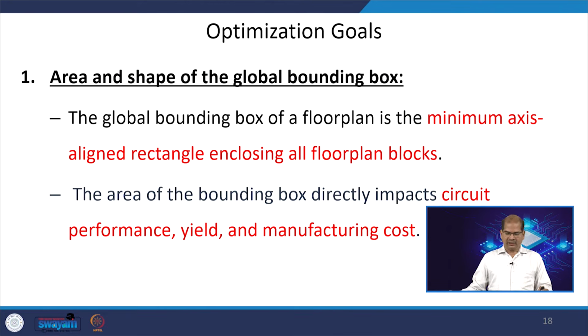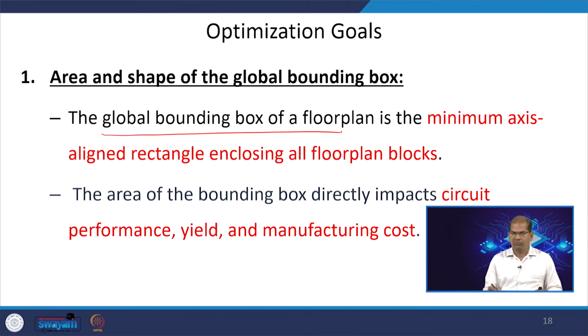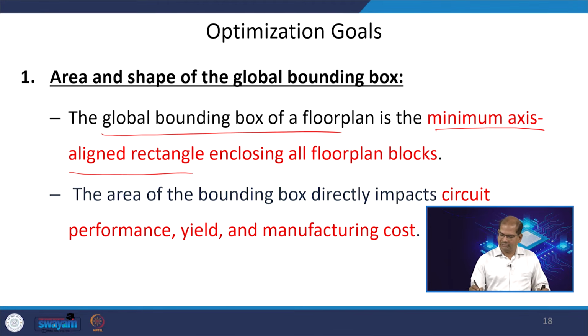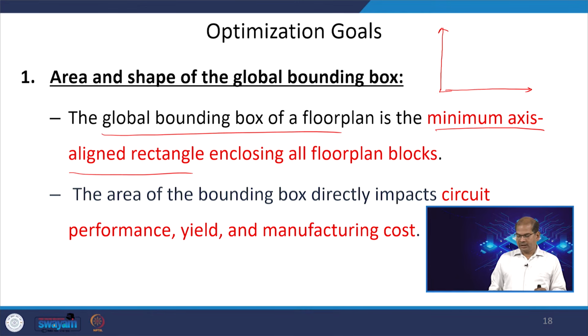Then the first goal is the area and shape of your global bounding box. The global bounding box of a floor plan is defined as the minimum axis aligned rectangle. Axis aligned means it should be aligned with the x and y axis. This is the x axis and this is the y axis. So, it is the axis aligned rectangle enclosing all the floor plan blocks.